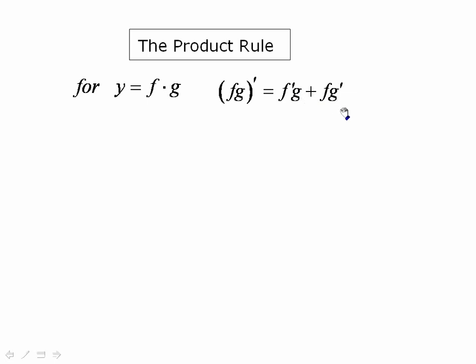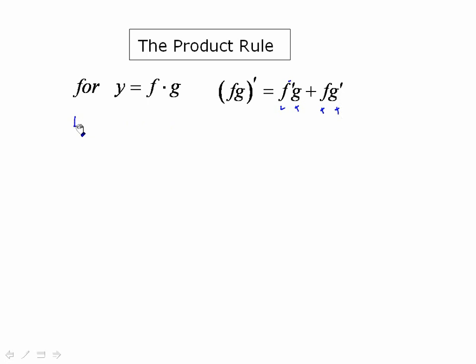Just looking, had to slow down there for a second. Now this means that we take the derivative of the first, that's f prime, leave the second alone, and add it to the first, undifferentiated, multiplied by the second, that has been differentiated. Now I'm going to show you three ways to write that to further confuse things.